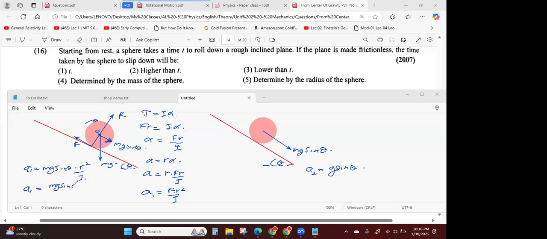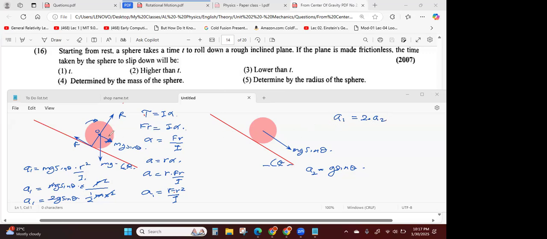For a disk, I is half m r squared, so r squared cancels, m cancels. So A1 equals 2g sine theta. When it is rolling, the acceleration is twice, so A1 equals 2 times A2, right?